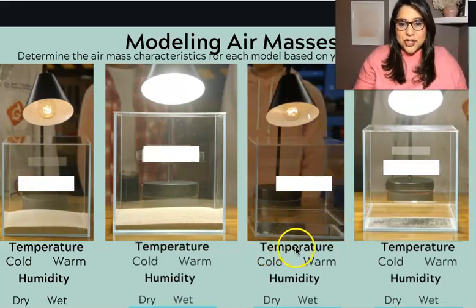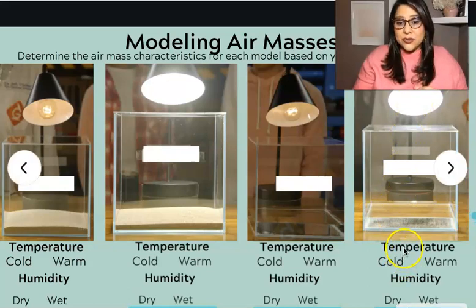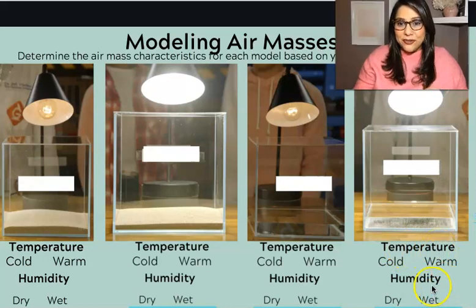So the temperature is cold and the humidity is wet because there's the presence of water. For the 4th model, the lamp is on and there is water. So I will go ahead and circle warm for temperature and wet for humidity.